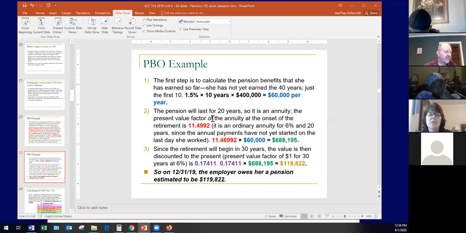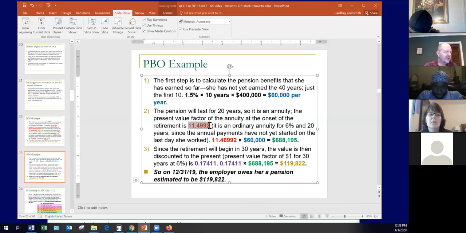The present value factor of the annuity at the onset of the retirement, it's an ordinary annuity, 6%, 20 years. So at the time her retirement begins, we use the factor of 11.46992, multiply it by the $60,000, and that gives a liability of $688,195.